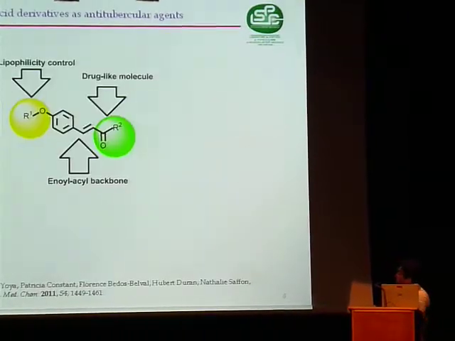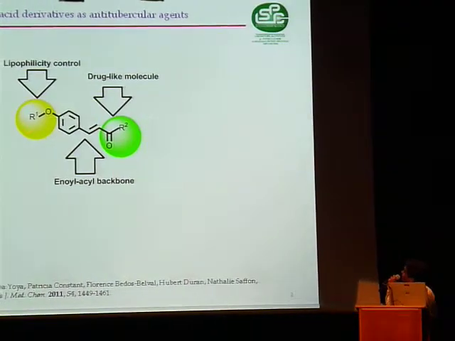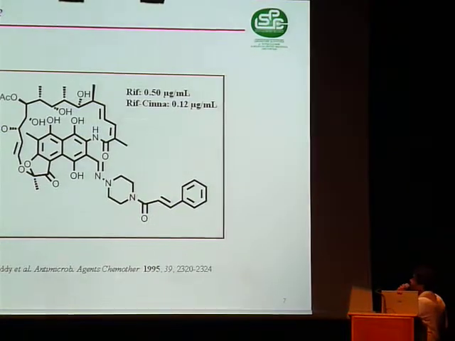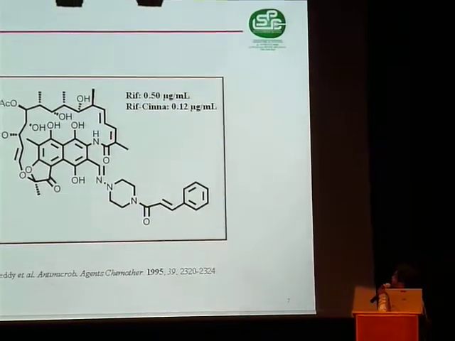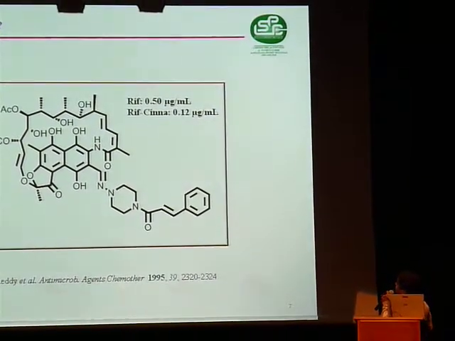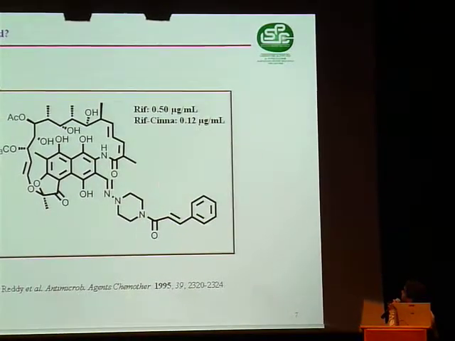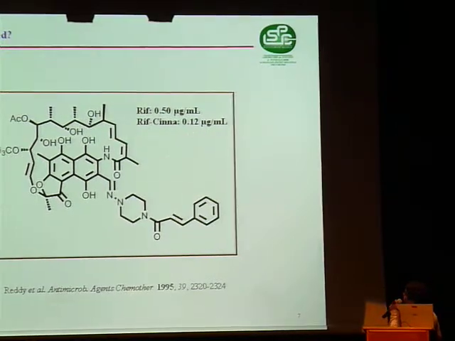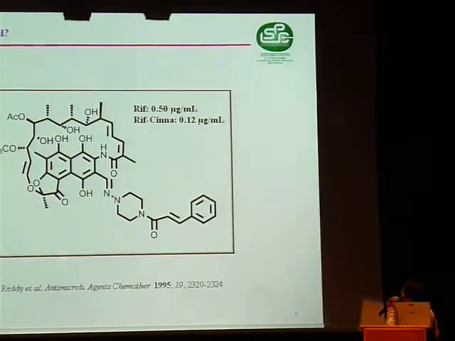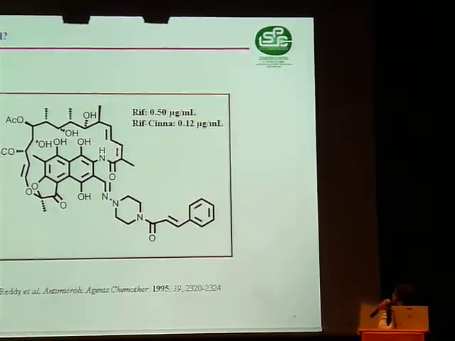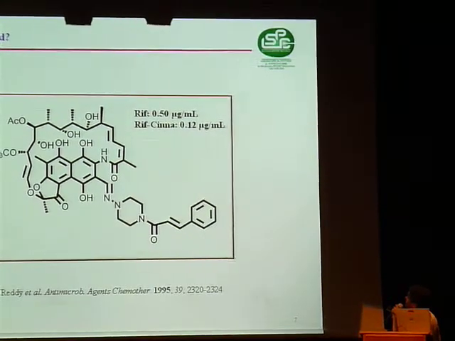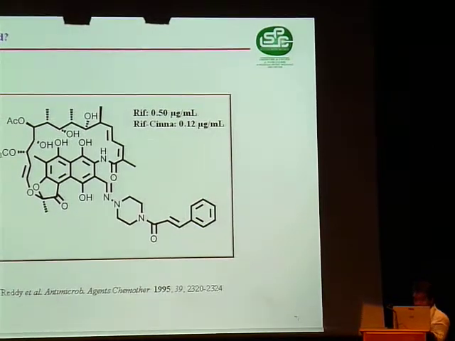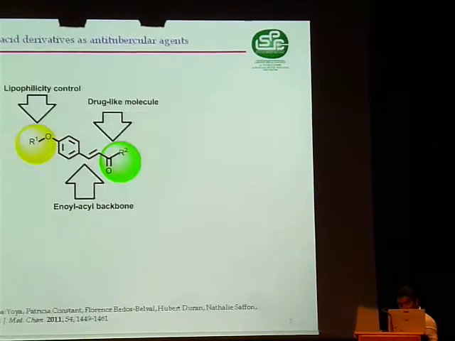So we plan to modify it, and there is another report on a compound where the introduction of the cinnamyl moiety to the rifampicin molecule enhances anti-tubercular activity. These two reports gave us the boost to design something on cinnamic acid.